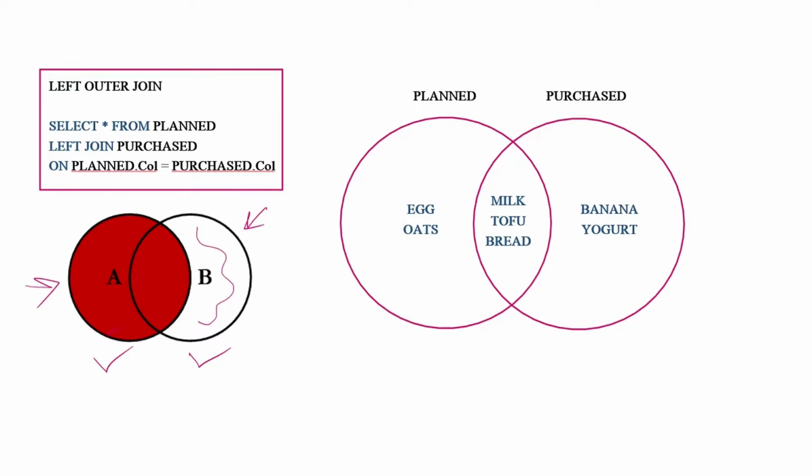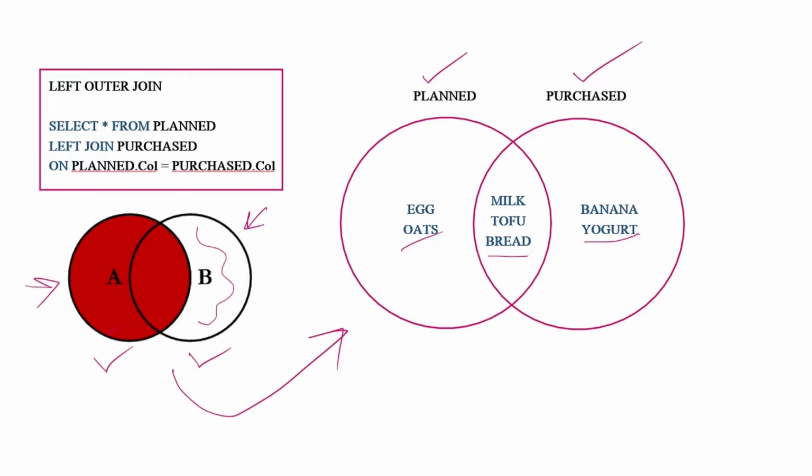Let's try to understand this with an example. We have discussed earlier these two tables, planned and purchased. On the left hand side we have the planned table that contains a few records which are not there in the right side table. It also contains a few records which are common for both the tables, and on the right hand side we have a few records which are exclusive of the left hand side table.